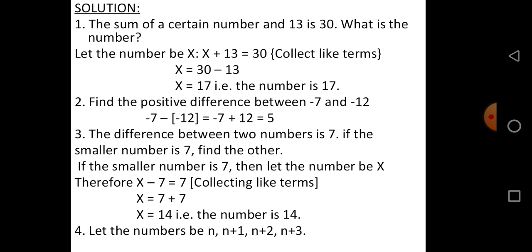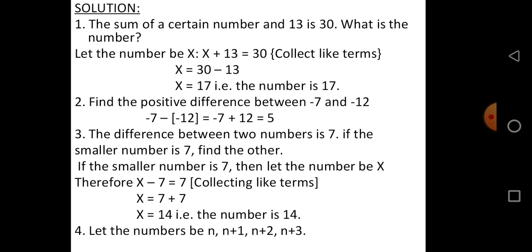So when you open this bracket here, you have minus times minus, it will give us plus. That's why our answer becomes minus 7 plus 12. If you have minus 7 plus 12, it means you are owing 7, for instance, and you have 12. What will happen? You pay 7 and you have 5 left. So our answer is what? 5. So that's how we got that.